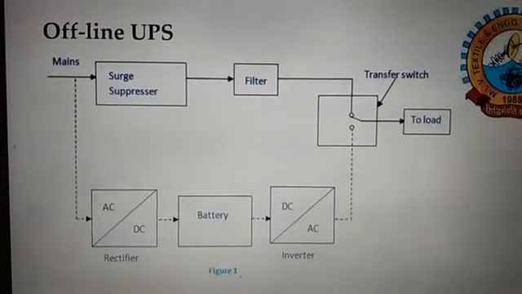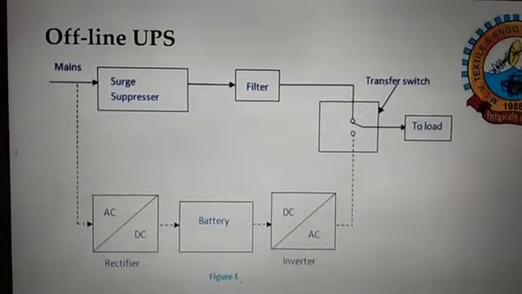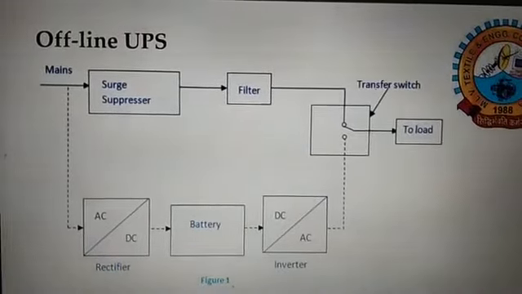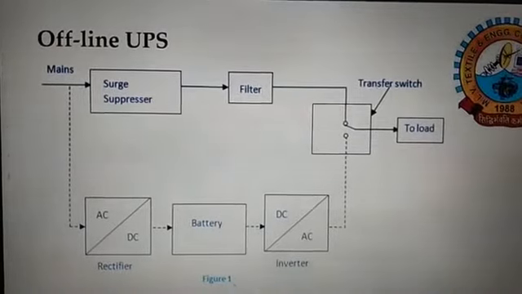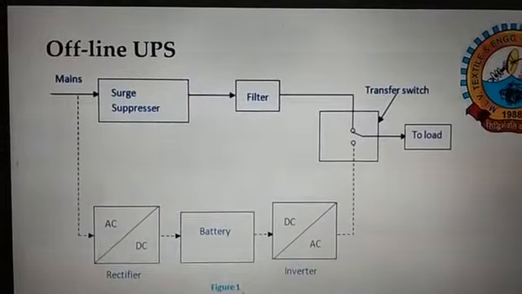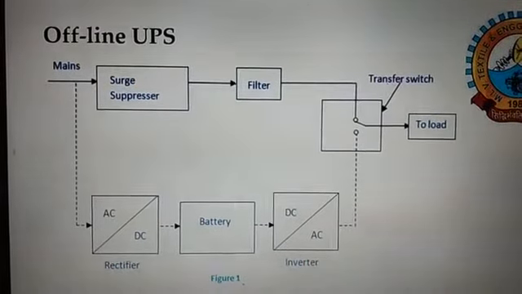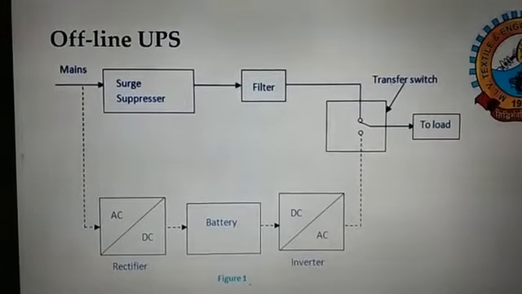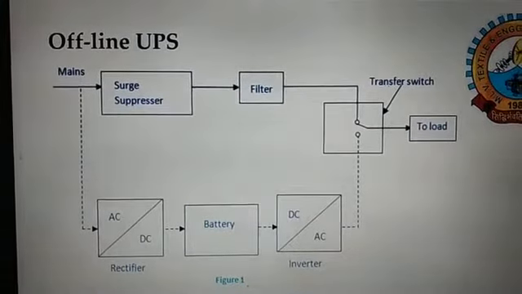We take the battery as a source of energy in failure. So in failure condition, the battery will supply the DC voltage, and that DC is converted into AC by an inverter, and then there is a transfer switch.